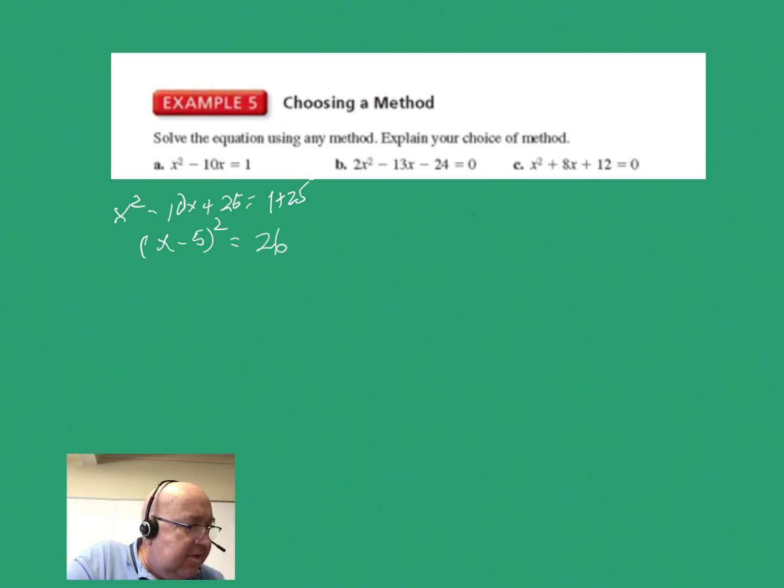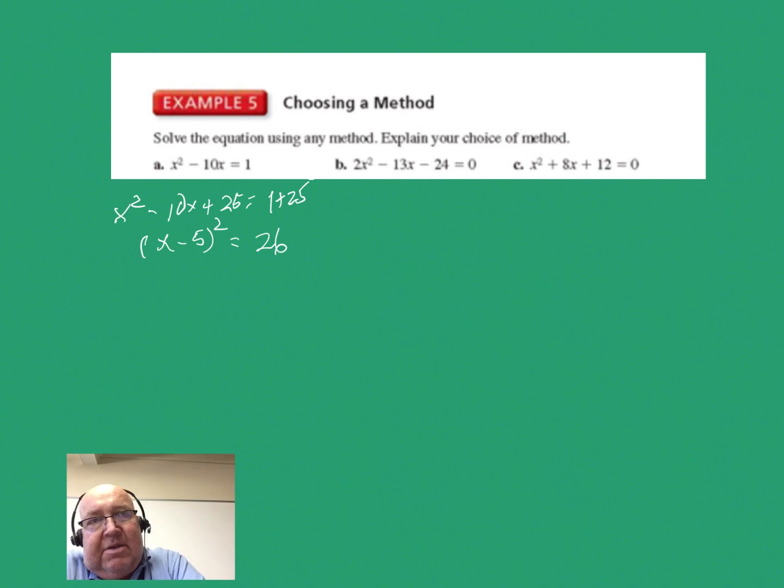We're going to take the square root of 26, which is 5.1. So we're going to have x minus 5 equals 5.1, and x minus 5 equals negative 5.1. And we're going to get x equals 0.1 and x equals negative 10.1.